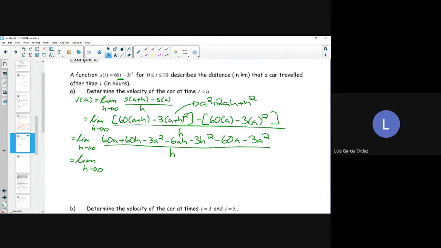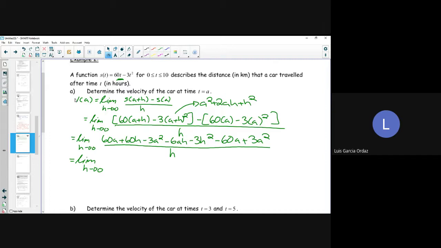Yep, when you're distributing the negative in the second answer, would you not make the 3a squared positive? Oh yes, my bad. Positive. Thank you for that. That makes it easier now. So we get 60h minus 6ah minus 6h squared.